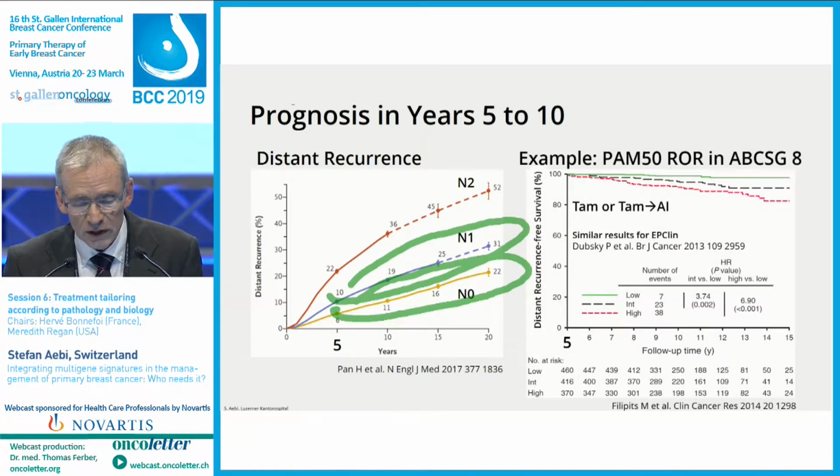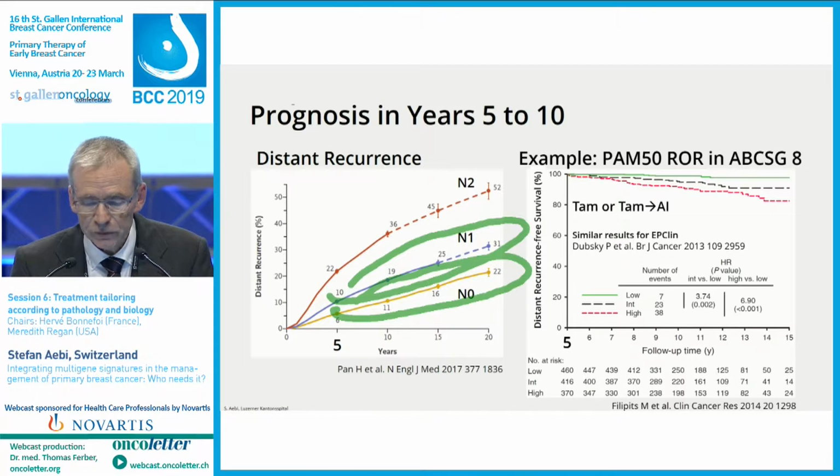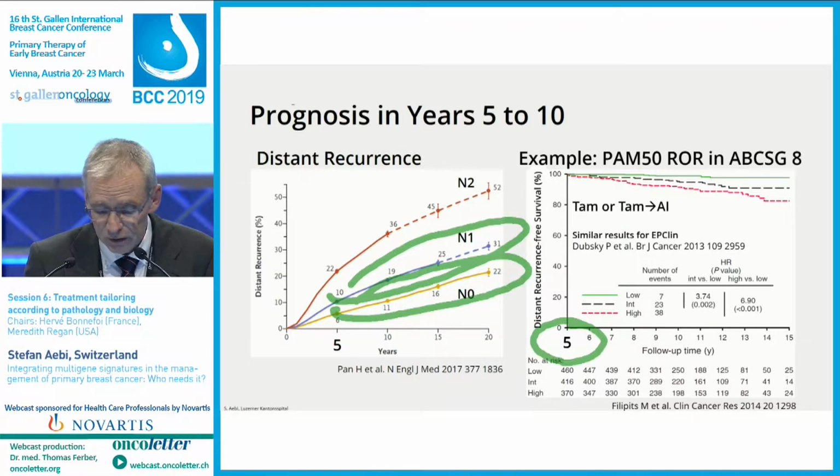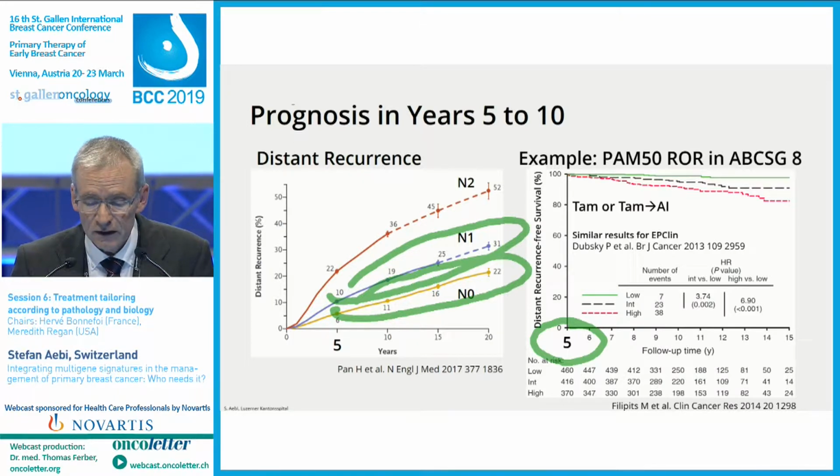And one potential application is shown here: the PAM50, the Prosigna test, was used in the Austrian trial to show that patients with a low Prosigna score have a very good prognosis after year 5, whereas the patients with higher MGS scores do poorly or are less favorable in the long run.